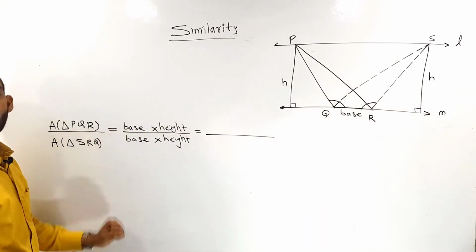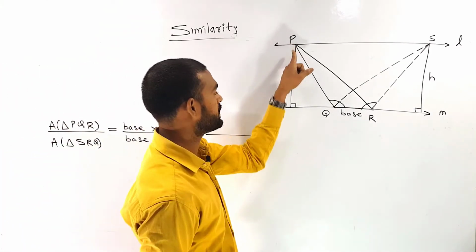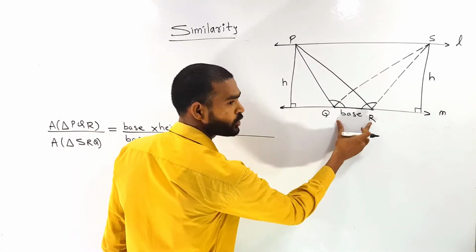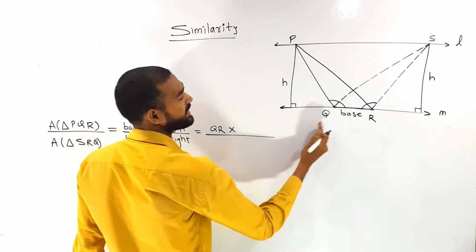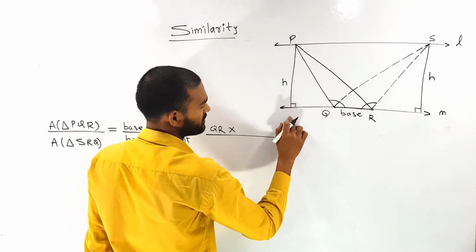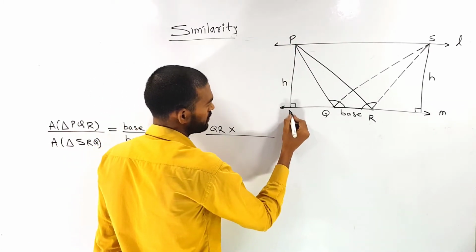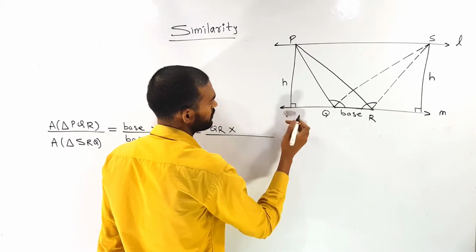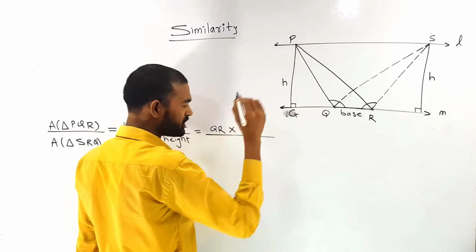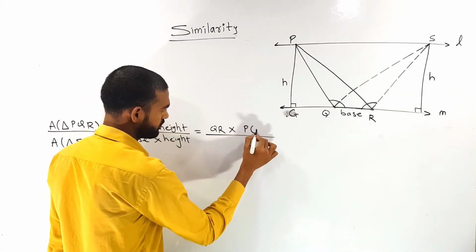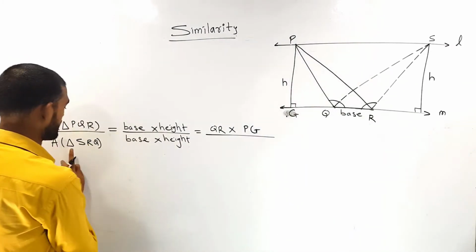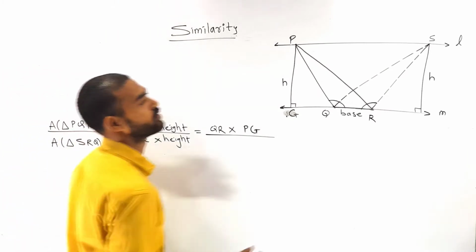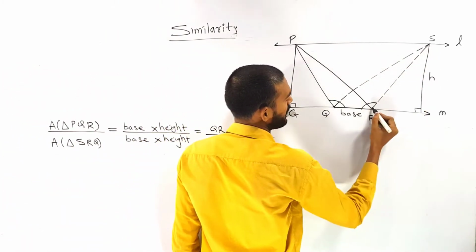What is the base of the first triangle? Let us check. PQR. The base is QR, into height. What is the height? Let's say my height is PG. Dear students, now the next one, another triangle, SRQ.